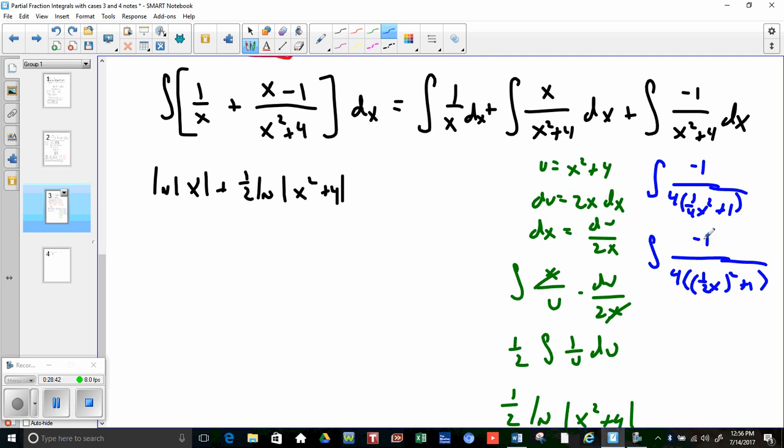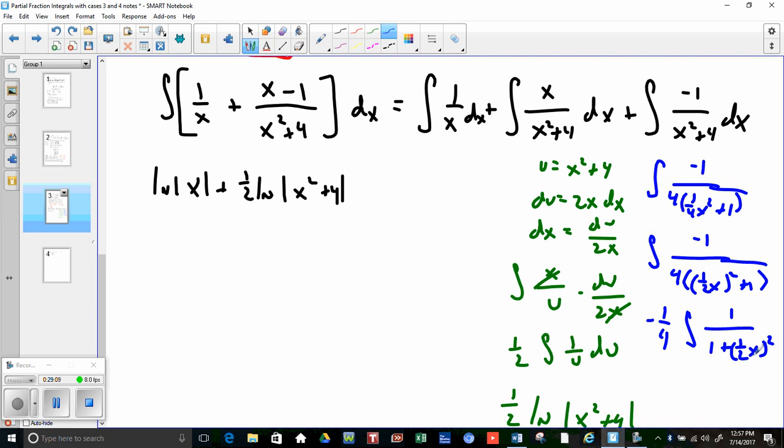We can pull any constant out to the front, so I can pull the negative 1/4 out to the front of my integral, leaving us with 1 over, I'm going to rewrite this as 1 plus 1/2 x quantity squared. This is now in the right form of an antiderivative that we would be able to take to get an inverse tangent.